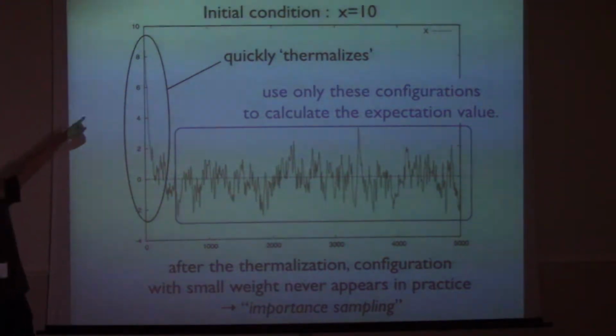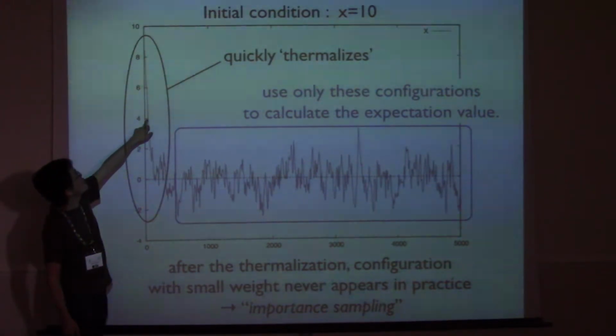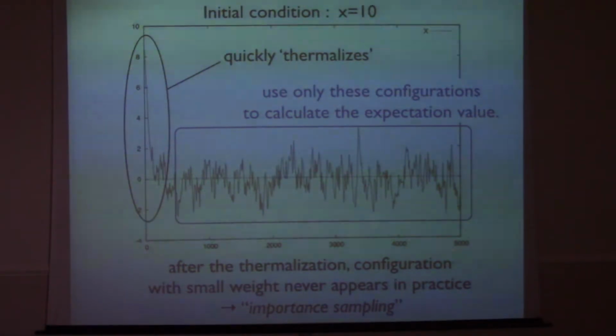Then it takes a while to come down to 0. Why do you get big values like 4 or 6 here? Because they are correlated to the initial condition. It takes a while for two configurations to become uncorrelated, because we just gradually refresh the value. We don't completely refresh the value every time. We just change it slightly, little by little. In that sense, they are correlated, and they are not independent.